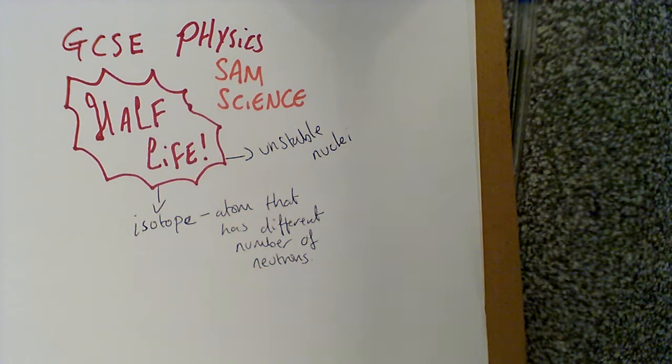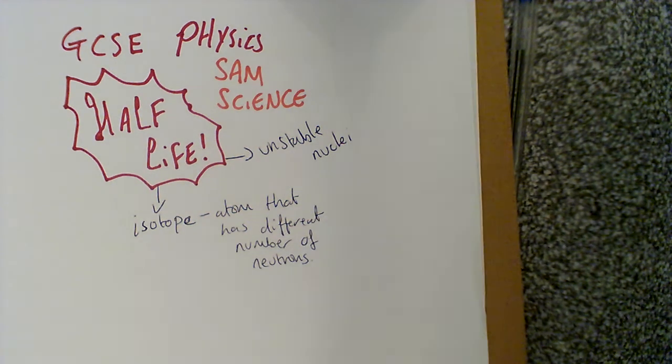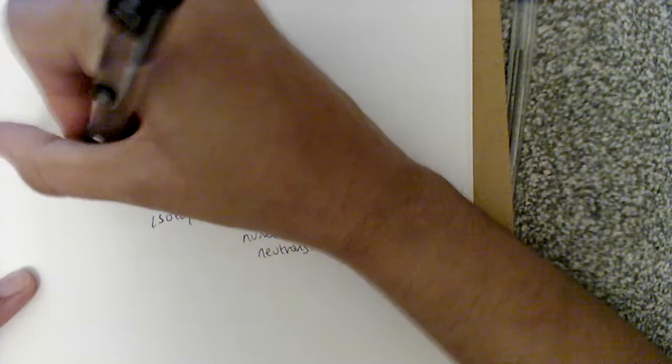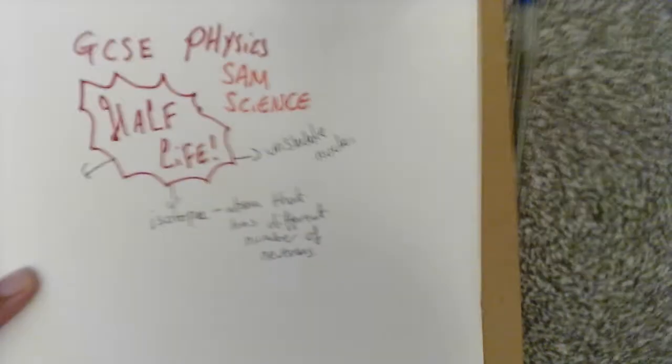Okay, so the activity of a radioactive substance is the number of nuclear decays per second, and that's measured in BQ. So we can add that here as well.